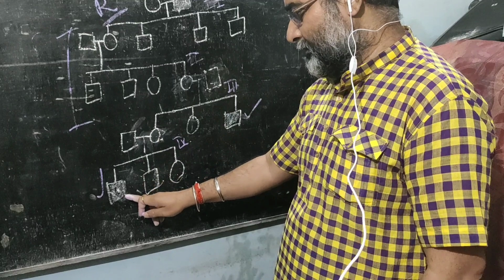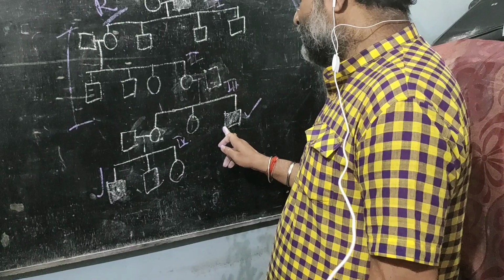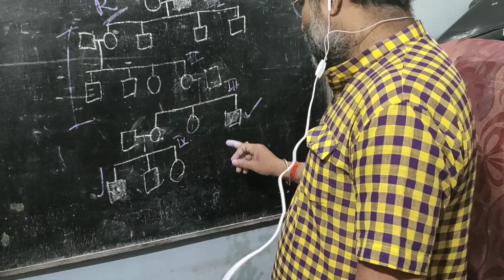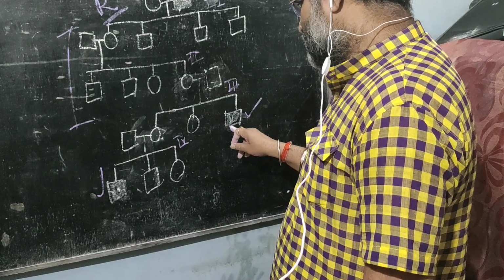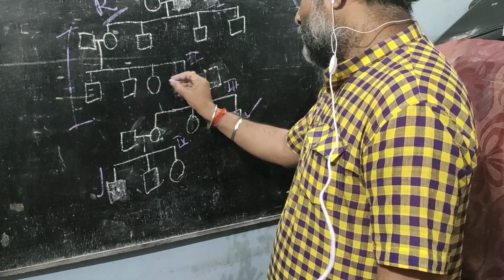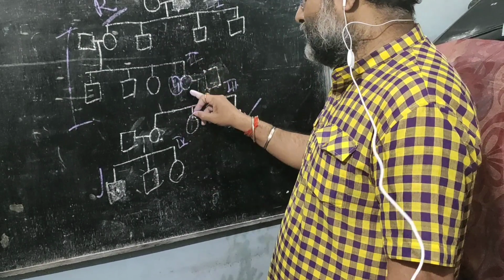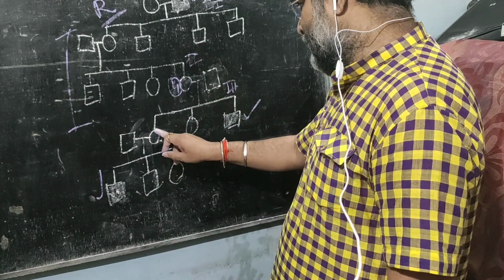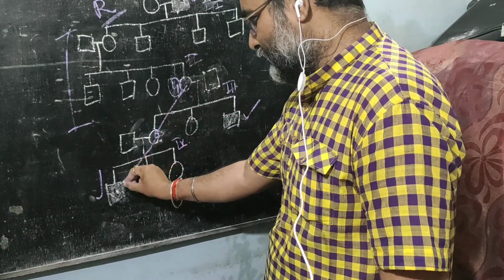The male child obtains the X chromosome from the mother. That means the affected X chromosome of the male comes from the mother, from the second generation fourth individual, and so on.